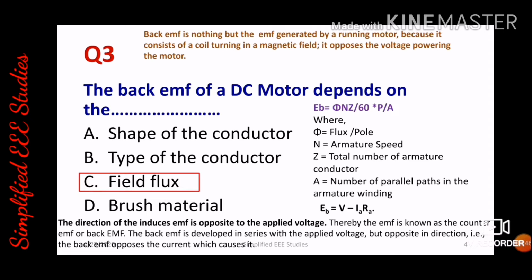The back EMF is given by V minus Ia into Ra, where Ia is the armature current, Ra is the armature resistance and V is the terminal voltage. So we can conclude that the back EMF maintains the motor as self-regulating. Without back EMF, the motor will not operate. So this is the basic information related to back EMF of a DC motor.